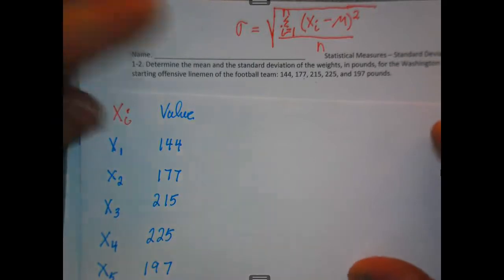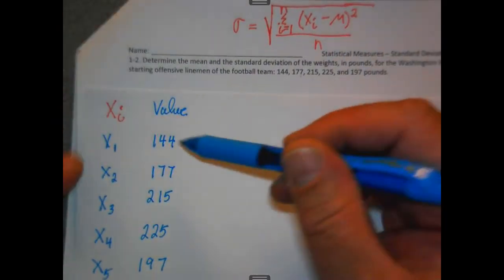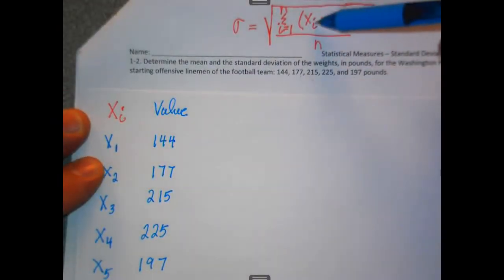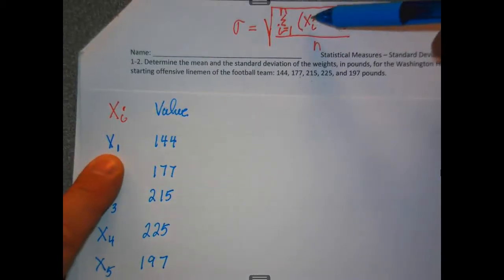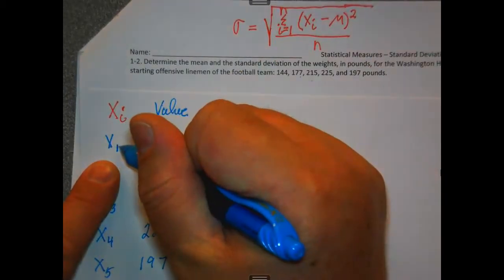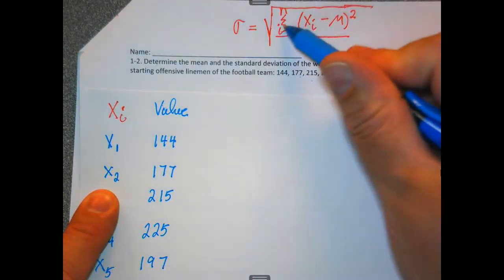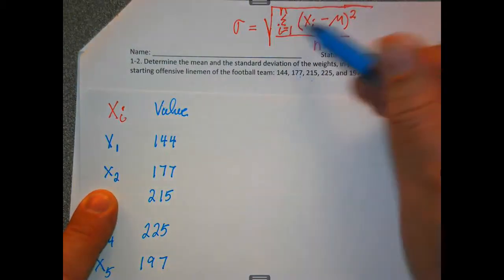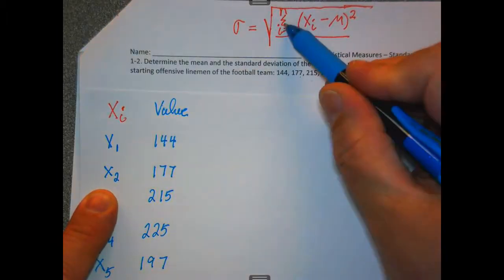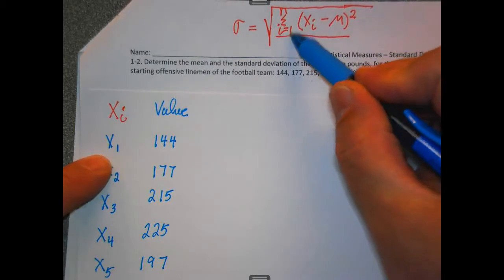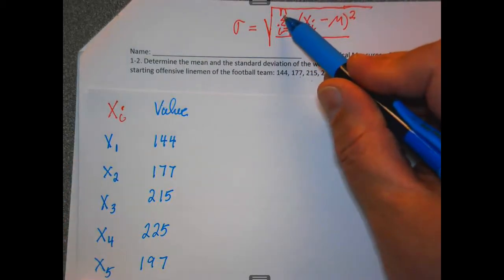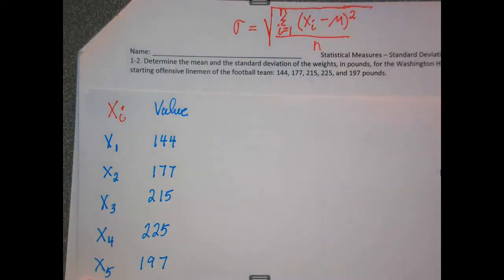Okay. All right. But you do understand that this x of i means each one of these values. So here i equals 1. Here i equals 2. Okay. And we're also going to add all of these values together. The sum between 1 and our n happens to be 5. Okay, so n equals 5.